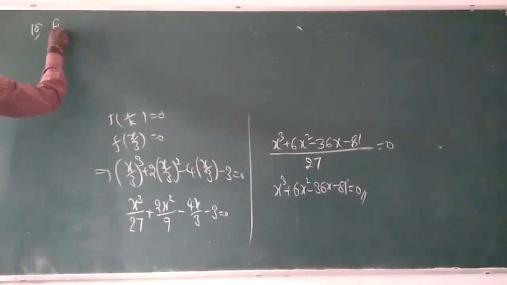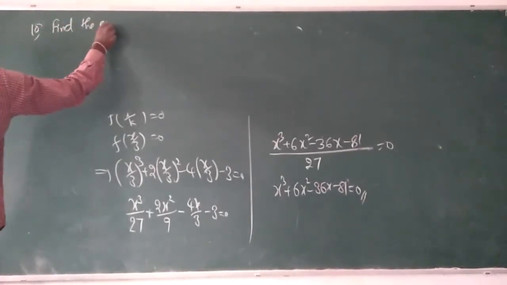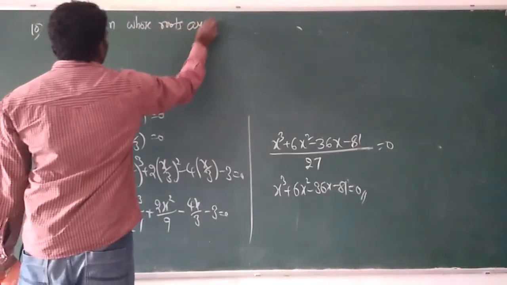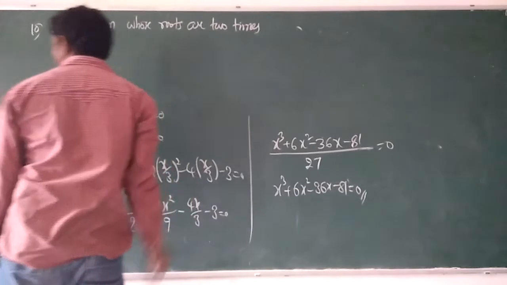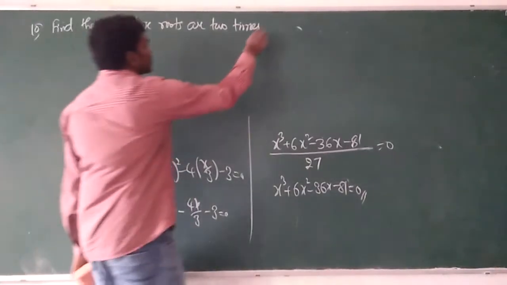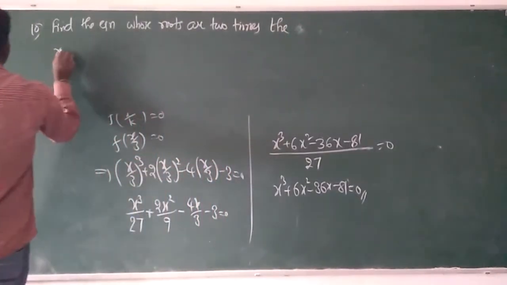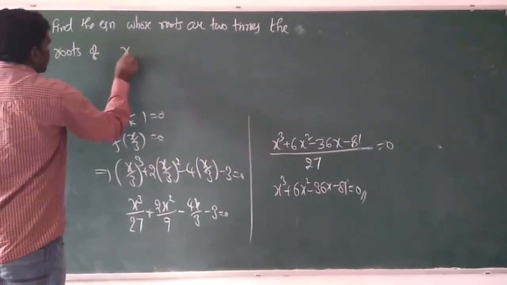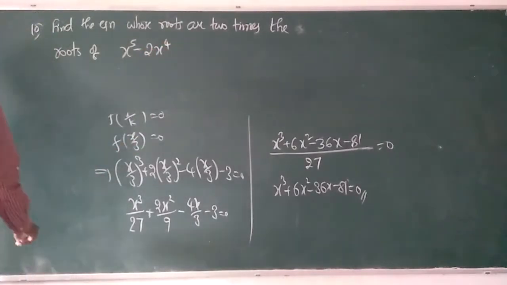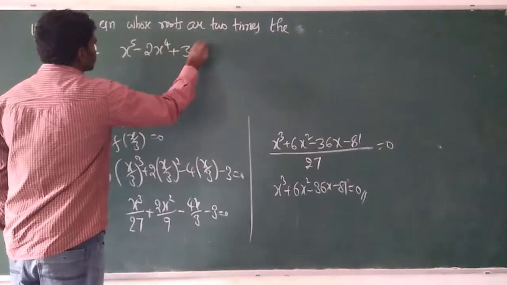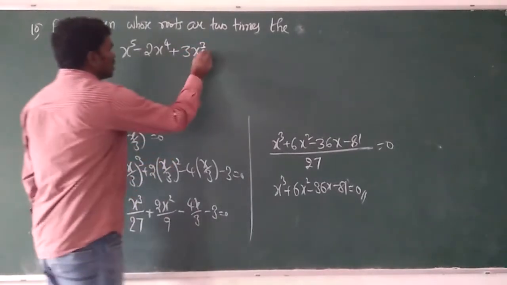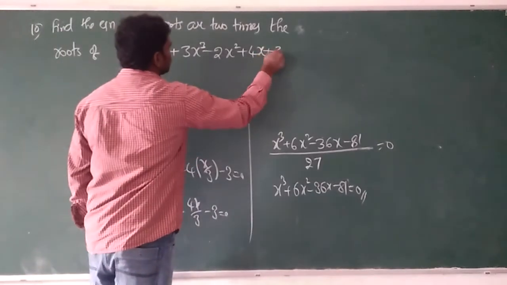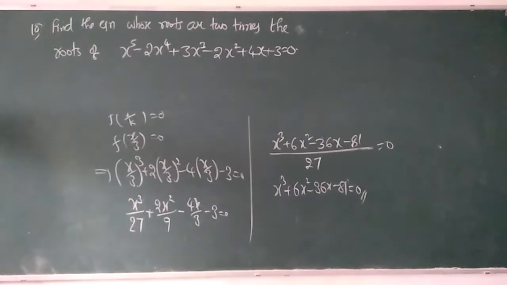Next I am going to give: find the equation whose roots are 2 times the roots of x power 5 minus 2x power 4 plus 3x cube minus 2x square plus 4x plus 3 is equal to 0. Okay, this is the question. We will solve this question.